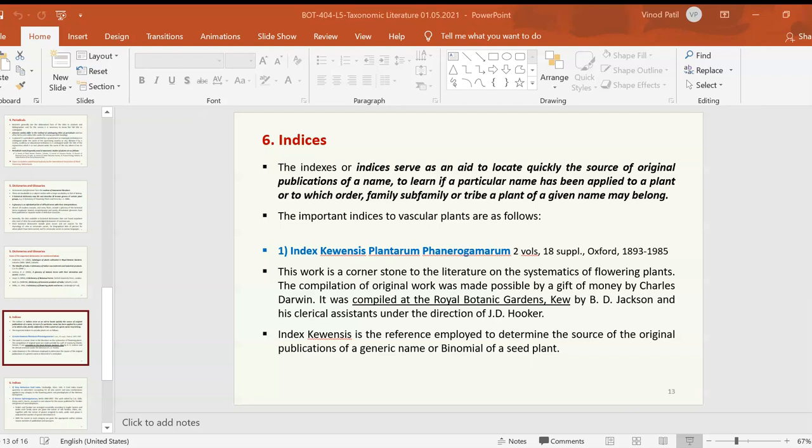So these indexes serve the ready availability of the clues. This makes it easy to find or locate the particular plant.